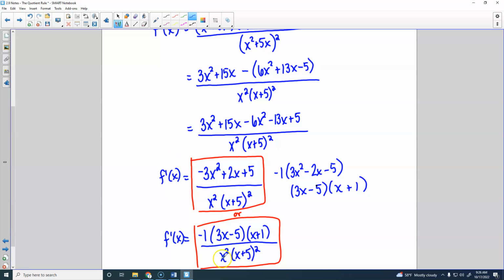They would not, because if you did a love connection, you would have to divide everything by x squared times that. So if I were going to do love connection, I'd have to have negative 3x squared over x squared times x plus 5 squared. So you can't do love connection with just one.